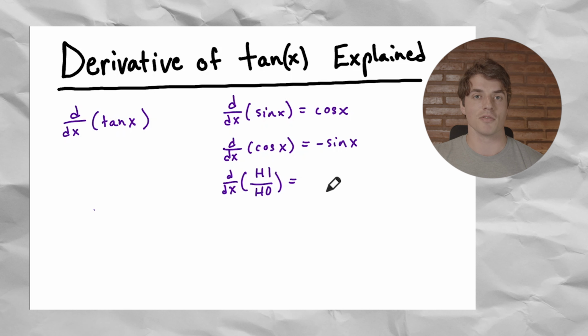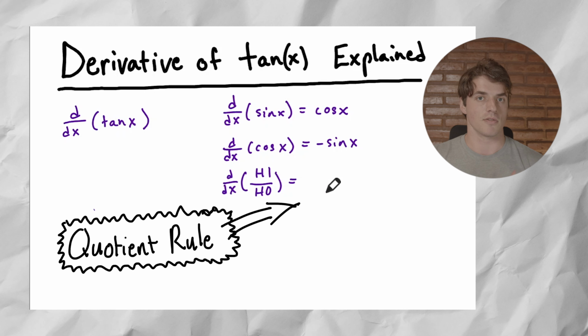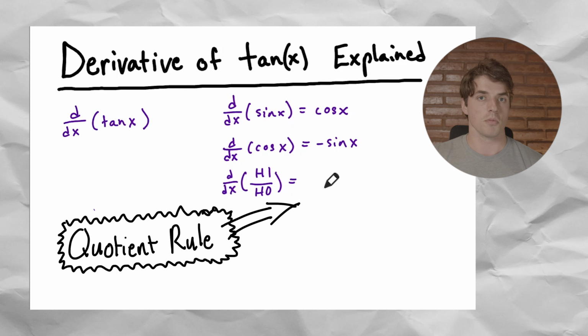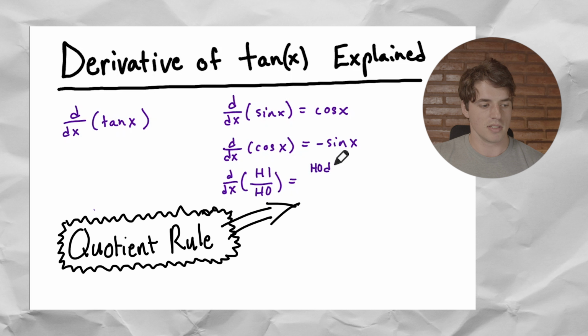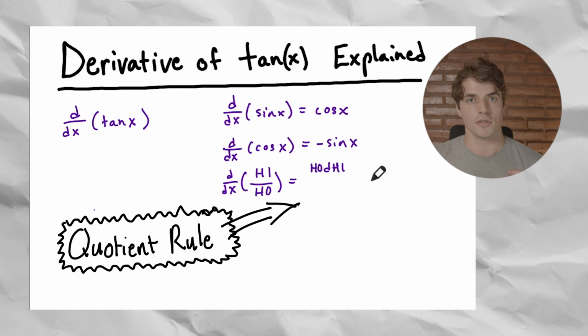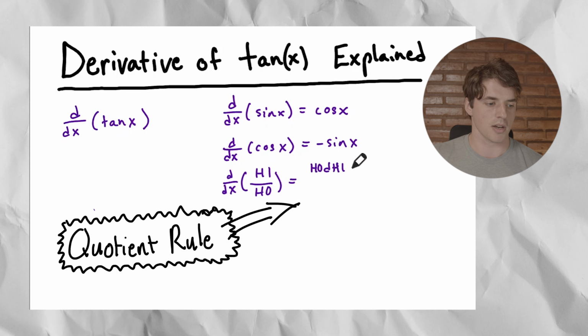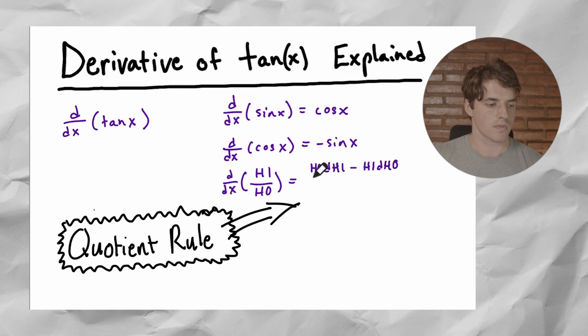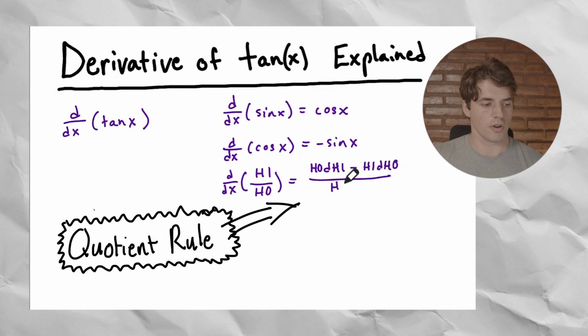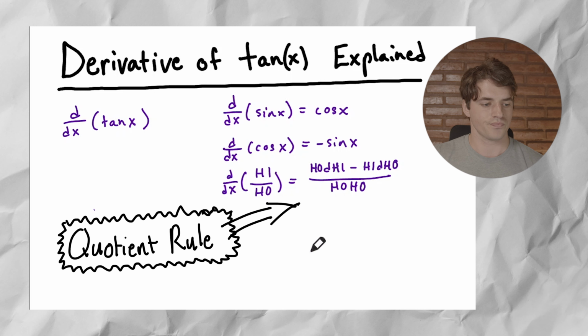So if we're taking the derivative of one function divided by another function, the formula for its derivative is ho d hi, the derivative of the top multiplied by the bottom, minus hi d ho, all over ho ho.